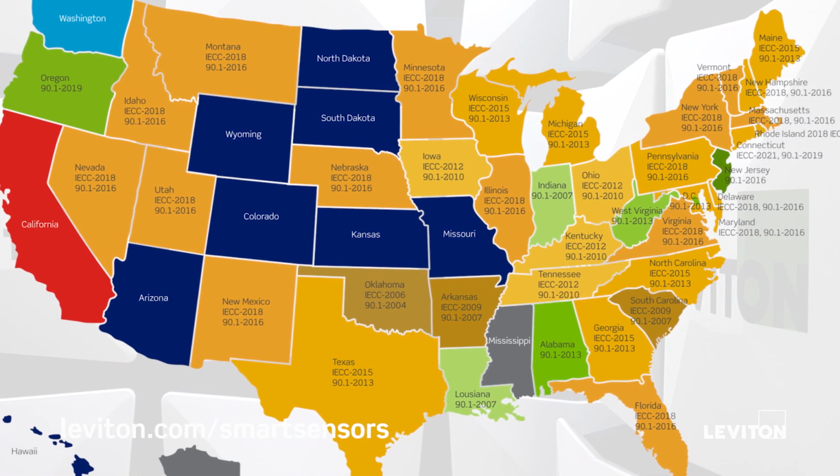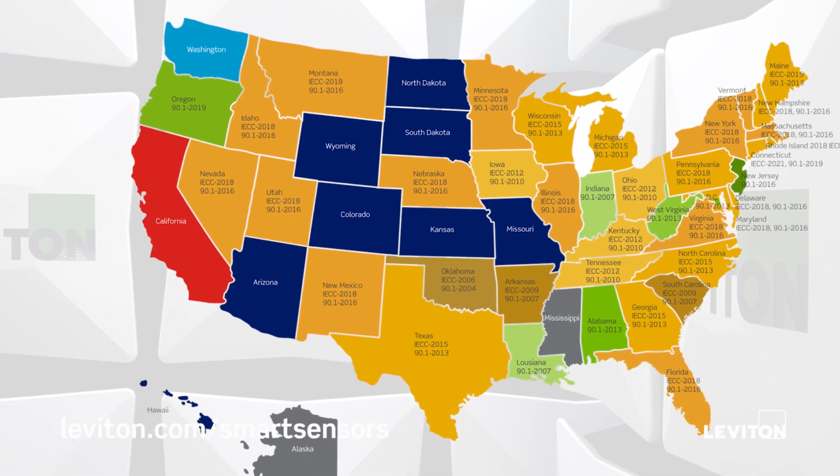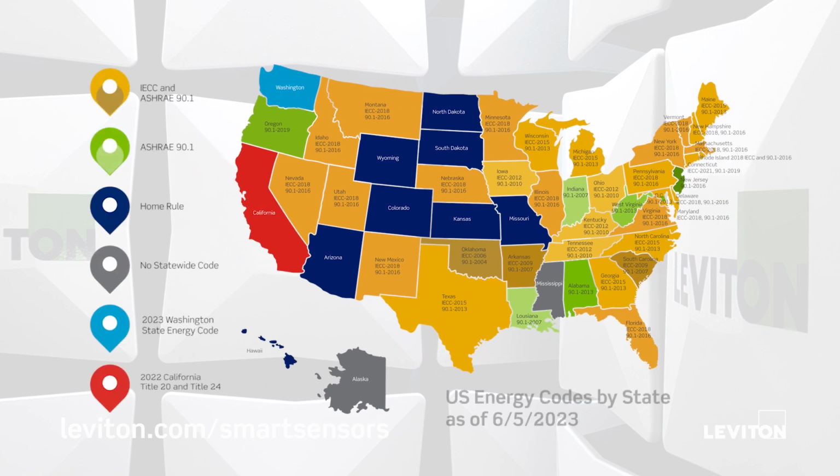Here's an example of the United States, looking at all of the different states. We see areas where IECC and ASHRAE 90.1 are enforced. We see other areas, those blue states, that are home rule states. And there are even a couple of states that have no true standards enforcement.